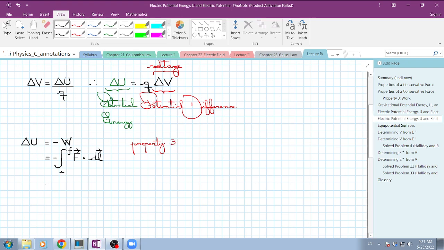We know that this force here is the electric force, and this electric force we can write as a function of the electric field. This is the product of the charge by the electric field.